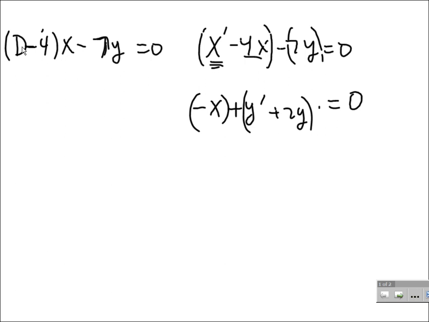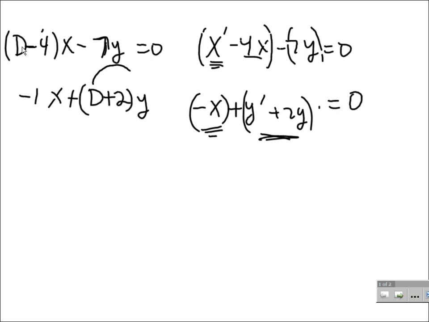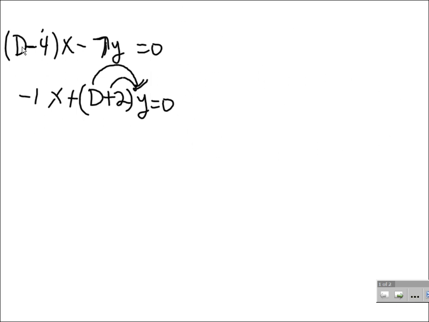So the negative x is negative 1 times x, and that's this piece. And this here is D plus 2 operated on y. If you take the derivative of y, you get y prime. And if you add on 2y, well, you're adding on 2y. And just like it says on the right side of the equation, it equals 0. So these are my two equations that I'm going to solve.